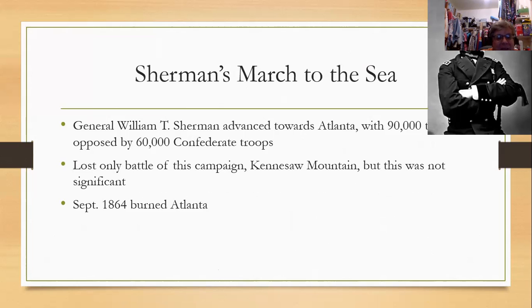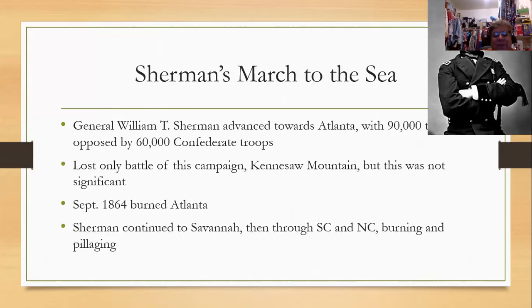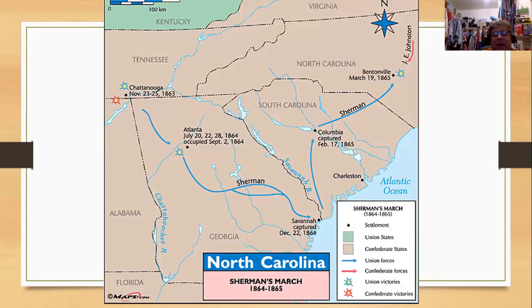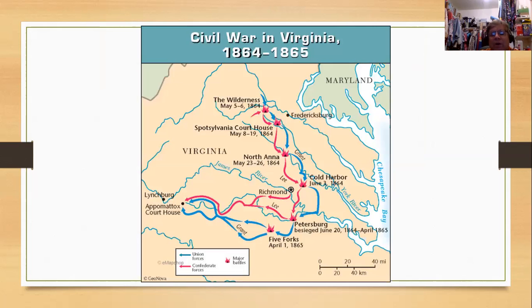He burns Atlanta in September of 1864 and then continues to the coast to Savannah, turns north, and goes through South Carolina and North Carolina, burning property, destroying property. And you can see where he goes. He goes from near Chattanooga down through Atlanta to Savannah and then up further. And this really destroys the Southern will to fight.